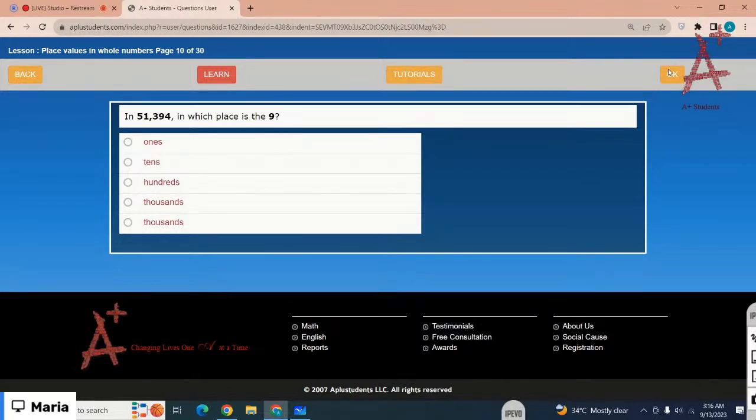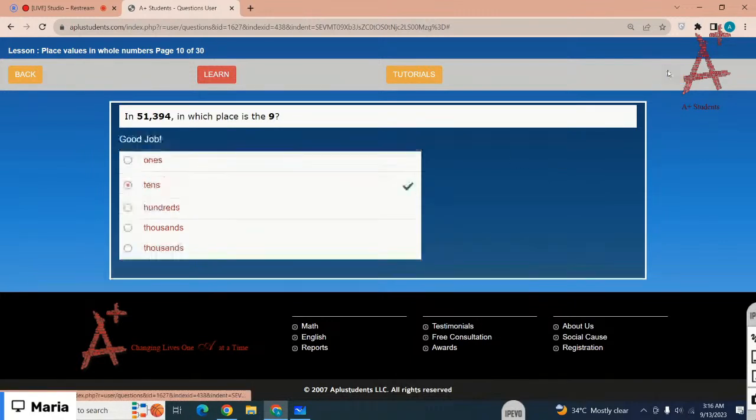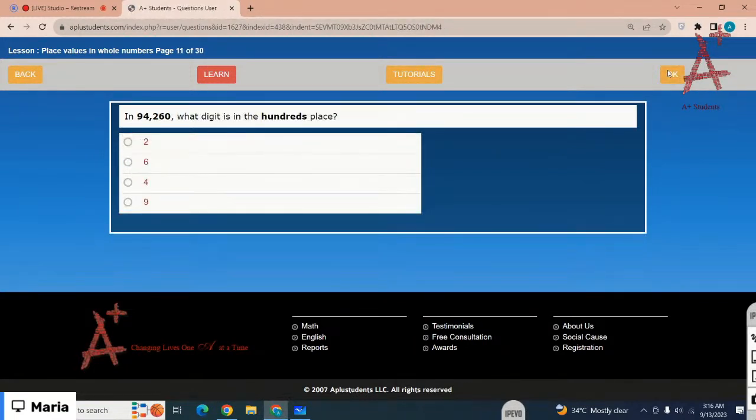In 51,394, in which place is the 9? Which is the correct option? 9 is at the tens position, right? Very good. The correct option is tens. In 94,260, what digit is at the hundreds position?